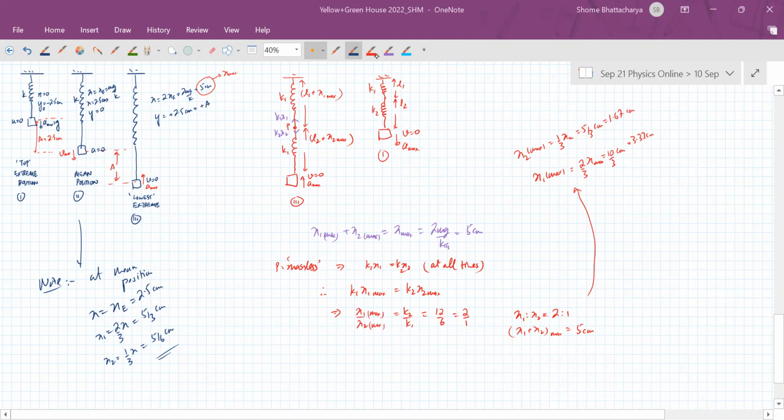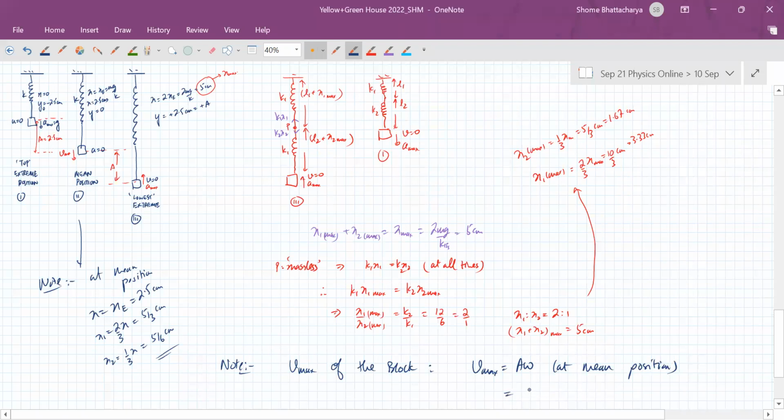Now a couple more things we will see here, which have not been asked in the question, but directly you can see from the above diagram. What is the maximum speed of the block? For that you can see v max is equal to A omega. That is when it is at the mean position.